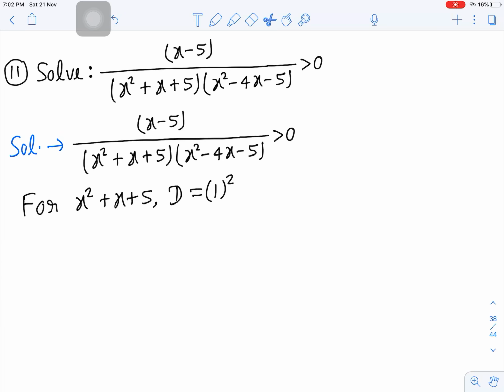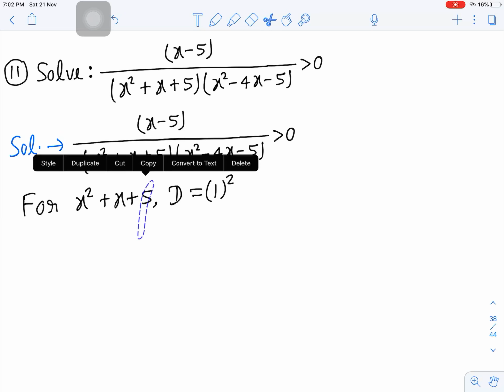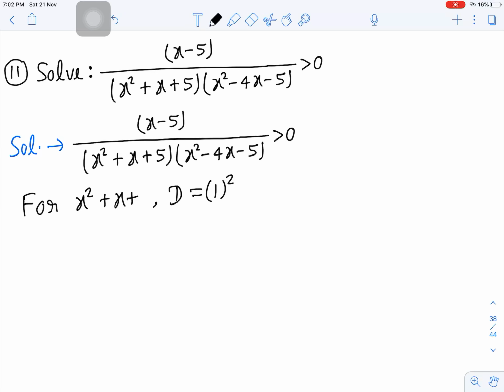So if you compare this with ax square plus bx plus c, you will get a equal to 1, b equal to 1 and c equal to 5. So you will get b square, 1 square, minus 4ac. So 4 into 1 into 5. So you will get minus 19, which is less than 0. Yeah, so you're getting here d which is minus 19, less than 0.